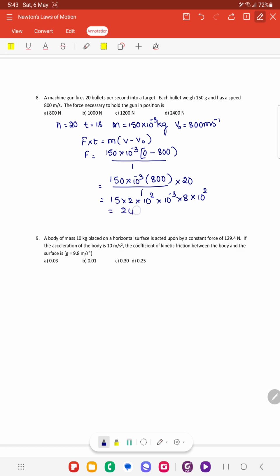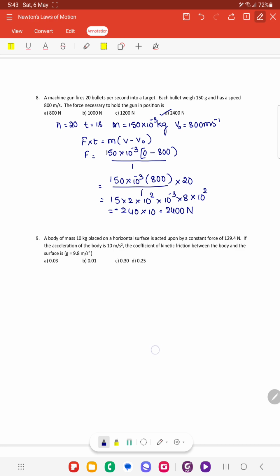So 240 into 10 raised to 2 plus 2 is 4, minus 3, that is 10, which is equal to 2400 Newton. So the magnitude is negative, so the magnitude of the force is 2400 Newton. So option D is the right answer.